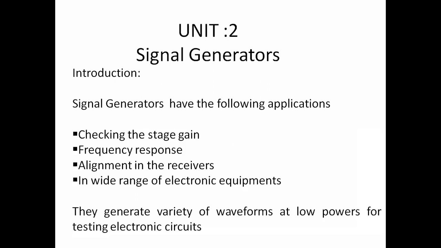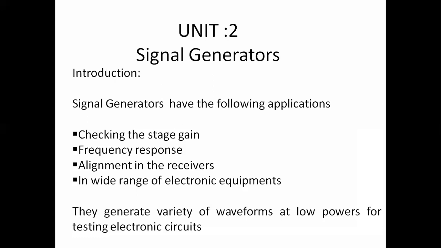To know the frequency response, we can apply signal generators. By applying different types of signals to the circuit, the circuit produces an output depending upon the components present in it. When comparing the output and input, we get the frequency response.